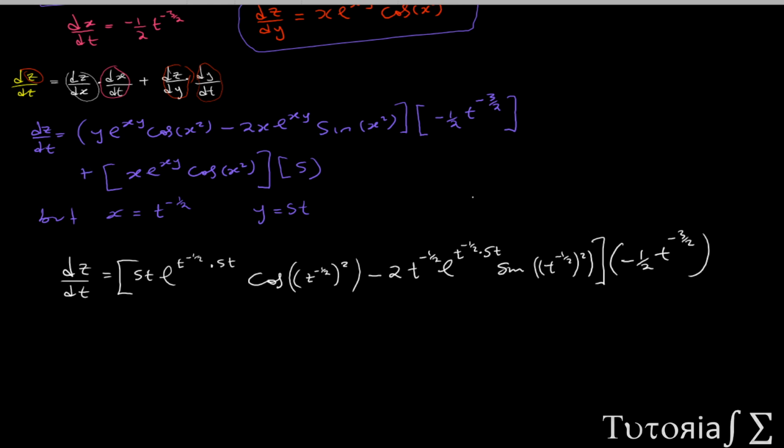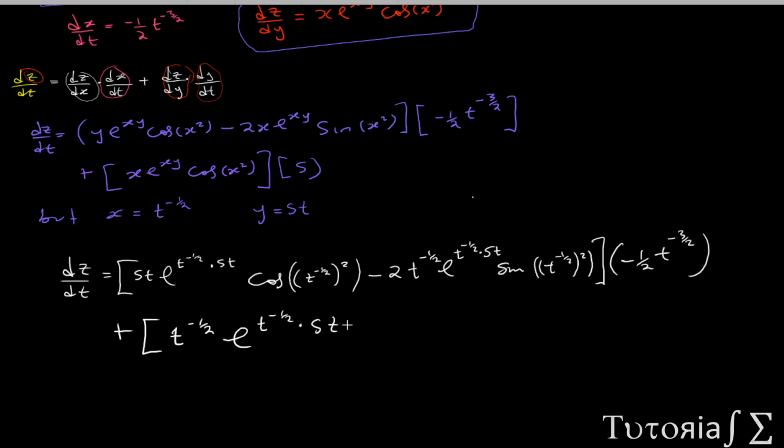Then there is a plus here. So we'll say plus. Again, open bracket. X is t to the negative half. Then e to the xy, where x is t to the negative half times st, which is y.